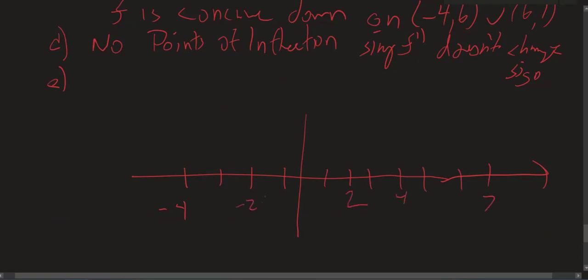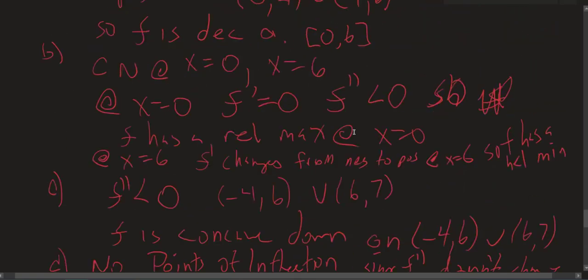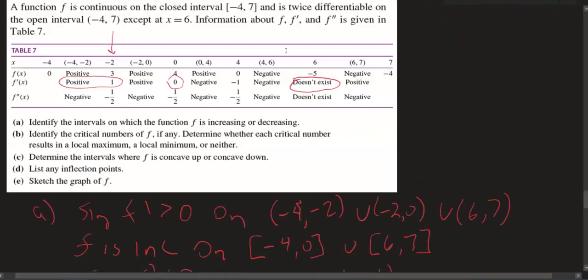Now we just go from the table and figure this information out. We can pick off some important points. f of -4 is 0, -2 is 3, 0 is 4, 4 is 0, 6 is -5, 7 is -4.